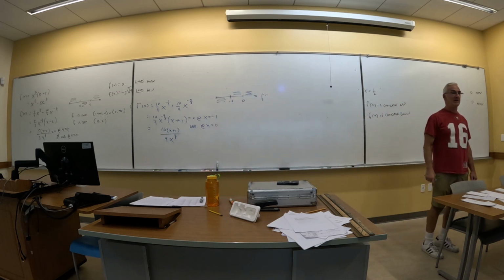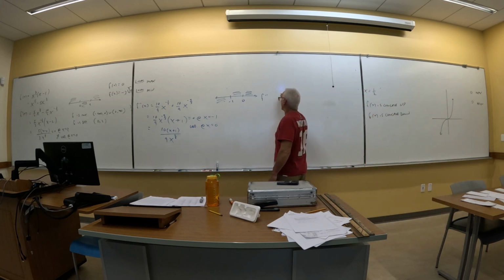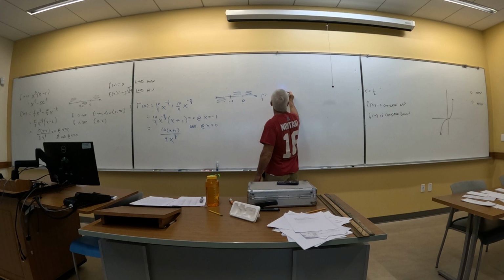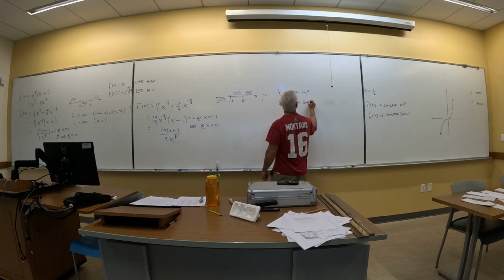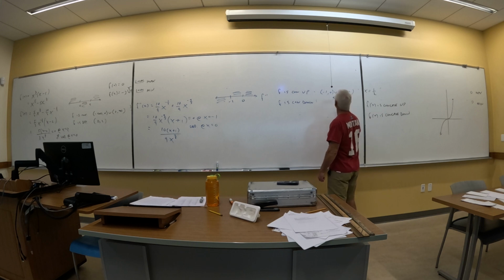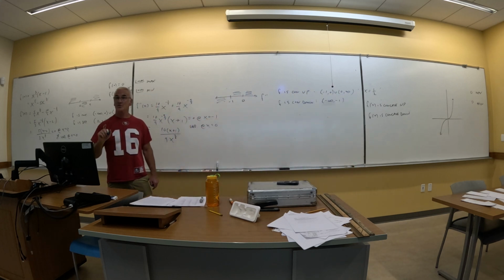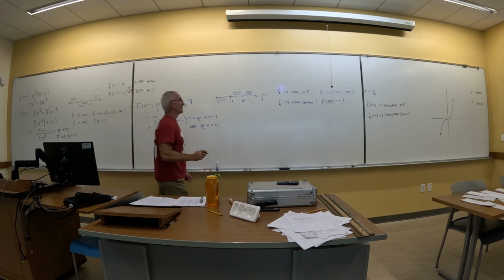Yes, at negative 1. How many times? Just once. So F is concave up from negative 1 to 0, and again from 0 to infinity. I'm concave down from negative infinity to negative 1. I change concavity at negative 1, so I will have an inflection point.